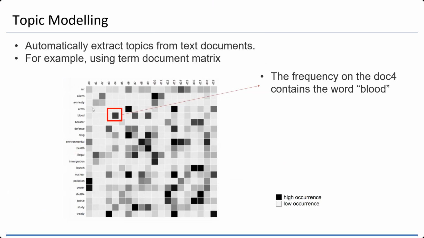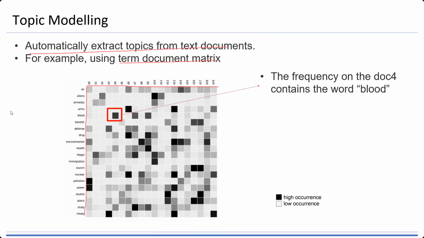The idea of topic modeling is that we need to look at the frequency. You already know this is the frequency. If we have the document, we have the words. So we can automatically extract topics from the text document, and we can use the term document matrix.